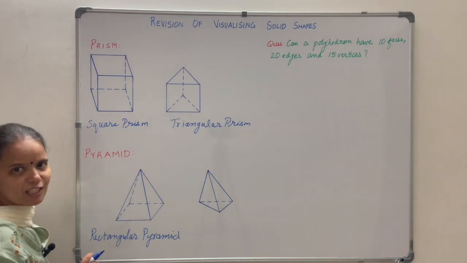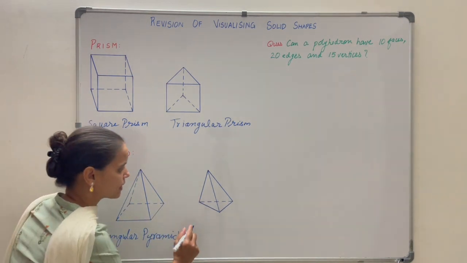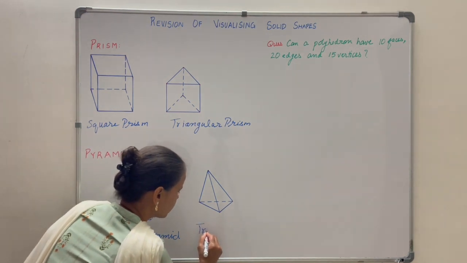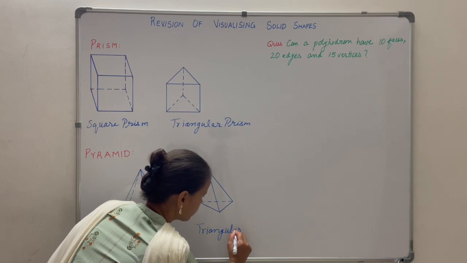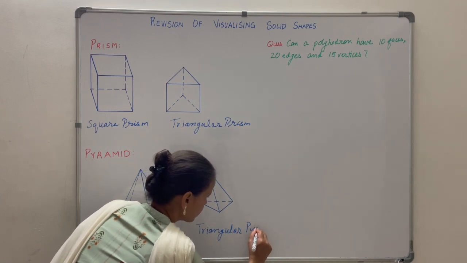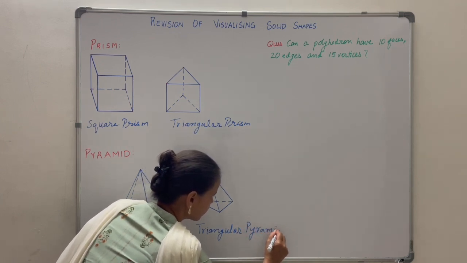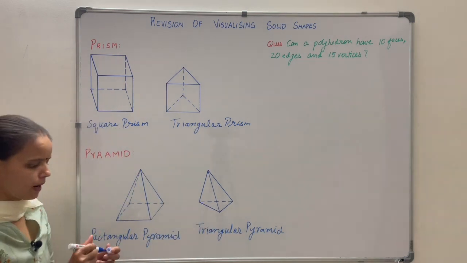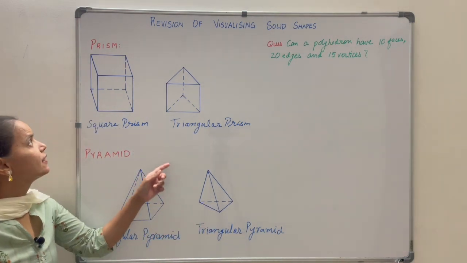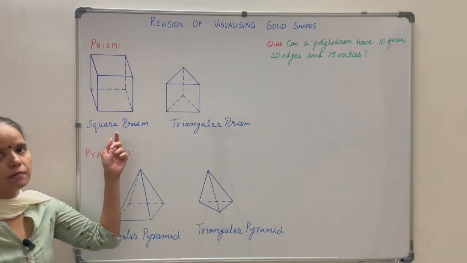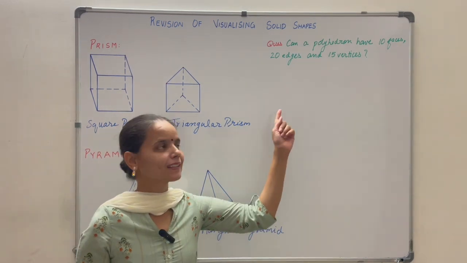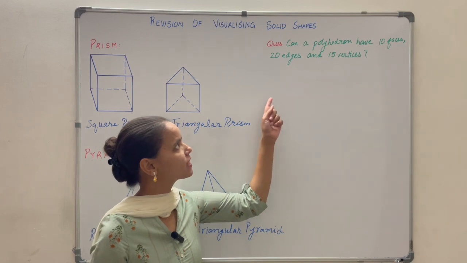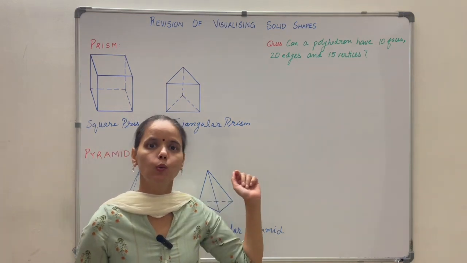Here the base is a triangle, so we will say it is a triangular pyramid. The other name for triangular pyramid is tetrahedron. Similarly, for square prism, it can be a cube or cuboid also.